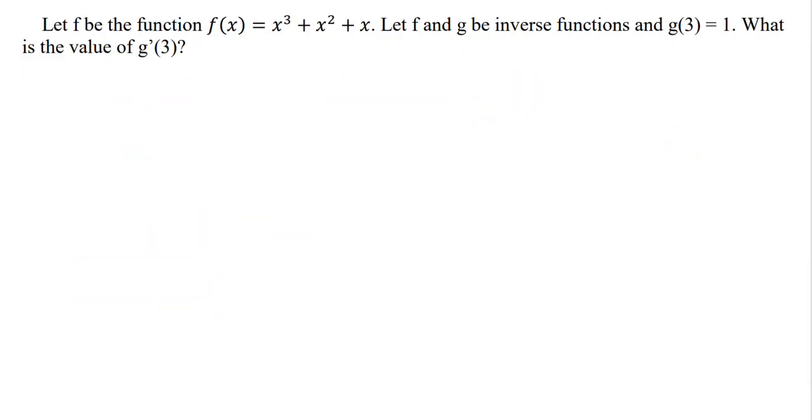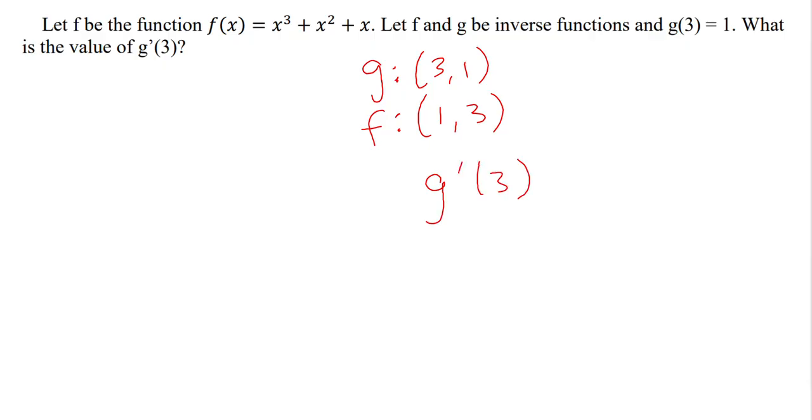And lastly here, we've got x cubed plus x squared plus x as our function. And f and g are inverses. We know that g contains this point 3, comma 1, which means that f contains the reversed point 1, comma 3. And if we're looking for g prime of 3, it should just be 1 over f prime of 1.